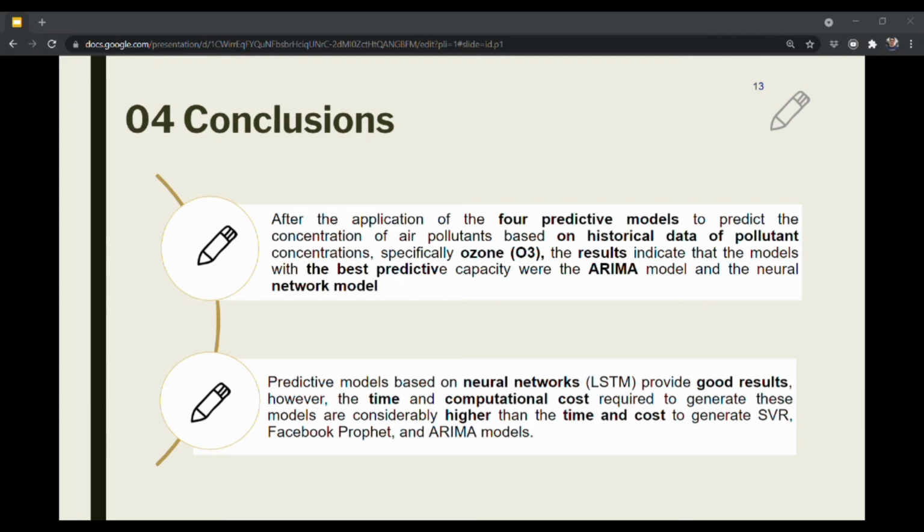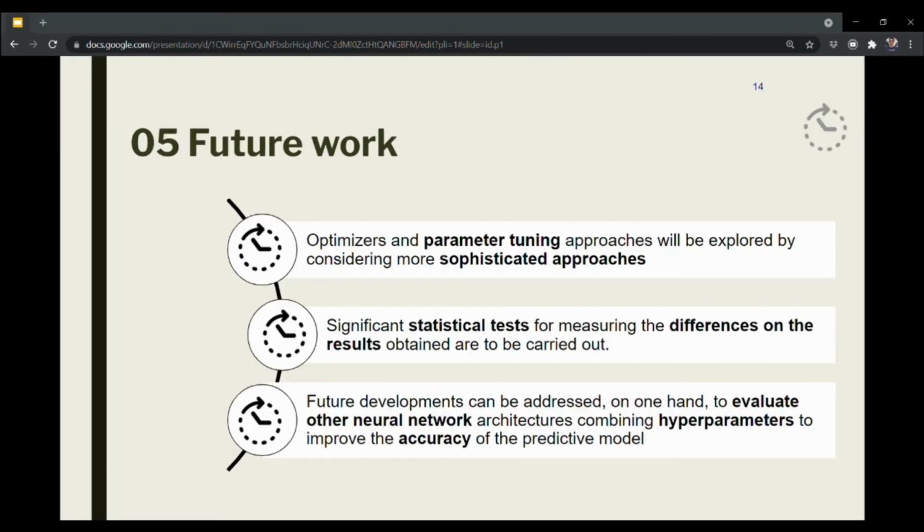After the application of the four predictive models to predict the concentration of air pollutants based on historical data of pollutant concentrations, especially ozone, the results indicate that the models with the best predictive capacity were the ARIMA model and the neural network model.